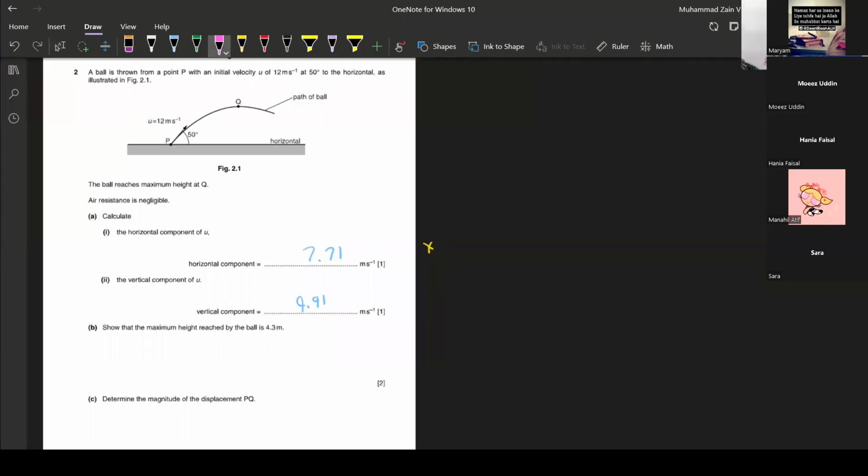One of the formulas would be v equals u plus at, but this formula would not give me the answer directly. Another formula which would actually give me the answer is ut plus 1 over 2 at square. And then there's another formula, v square equals u square plus 2as.